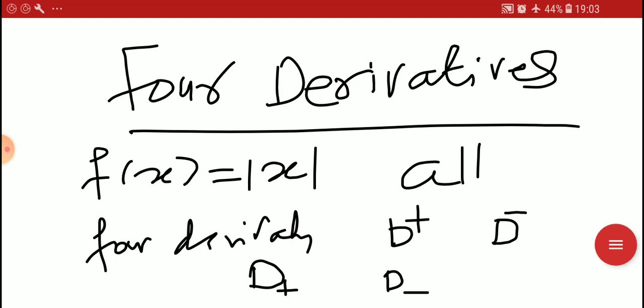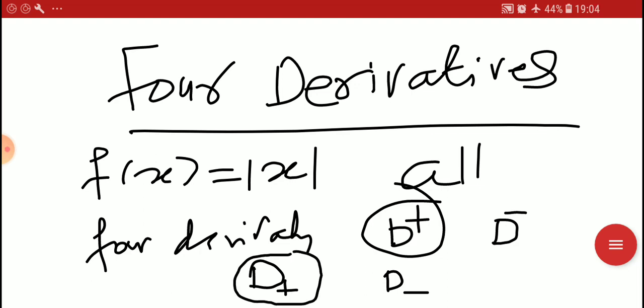What is D⁺? D with superscript plus is called the upper right derivative. D with suffix plus is called the lower right derivative.